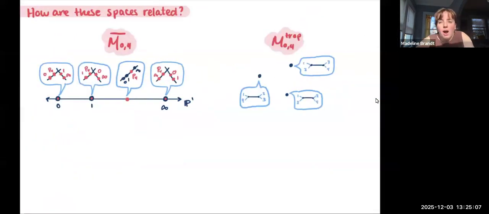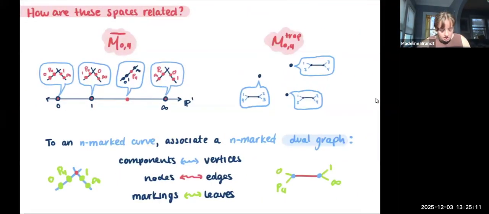Okay, so how are these two spaces related? There's a dualization process. Let's say I take one of these things that is sitting in the boundary. If I have an n-marked curve, there's a way to associate to it an n-marked dual graph.